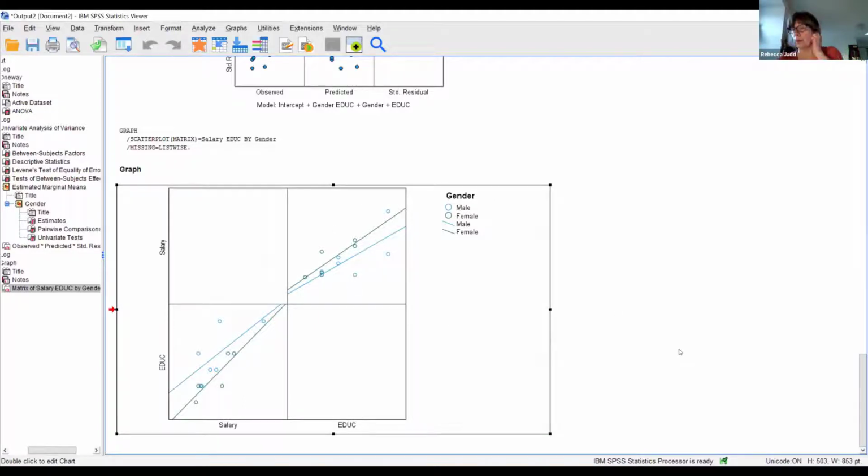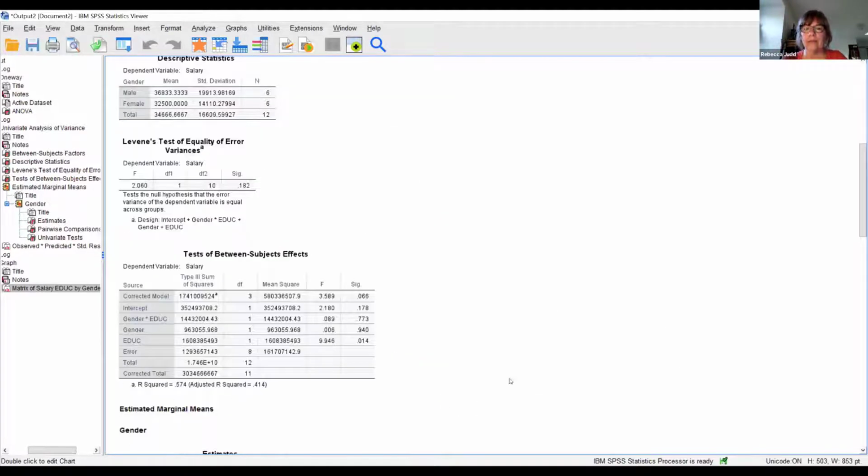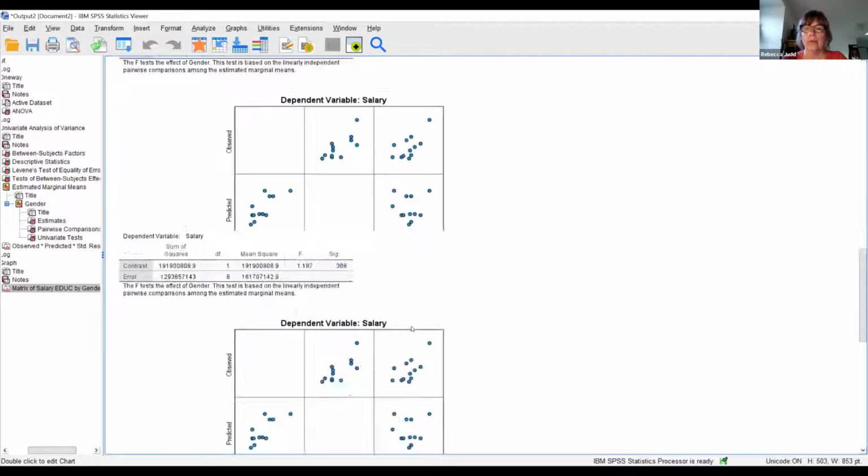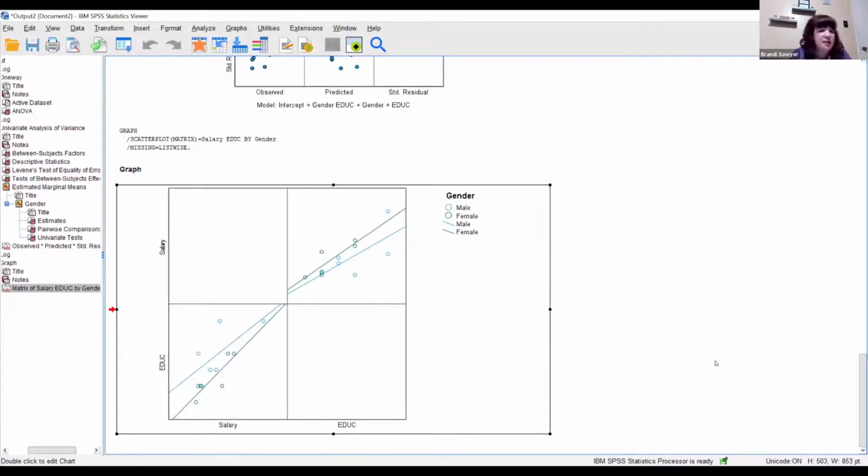And we saw that when we ran our ANCOVA, because we didn't get that type of significance when we looked at gender and education with salary. So education was not statistically related to salary where gender was. And you can kind of see that we don't have that relationship right there. That makes sense. Thank you.